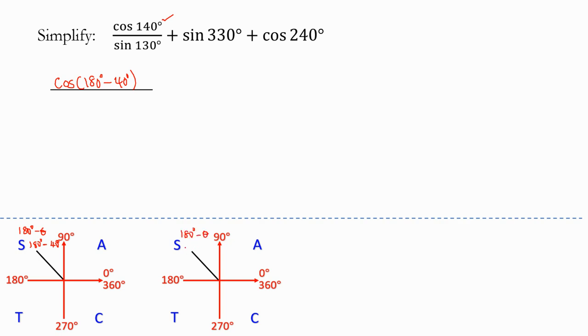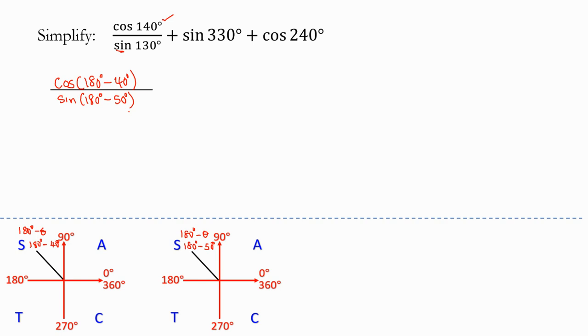We have to say 180 degrees minus 50 so that we can get 130 degrees. So we write this as sine of 180 degrees minus 50 degrees.